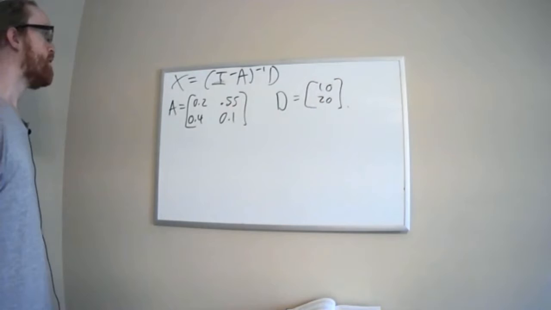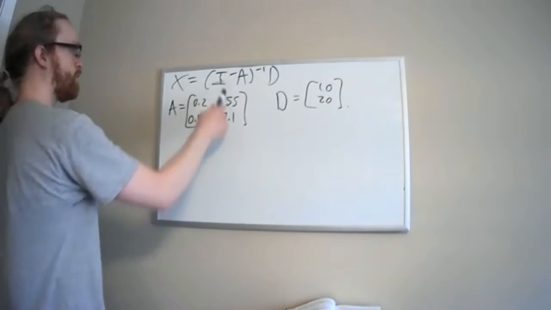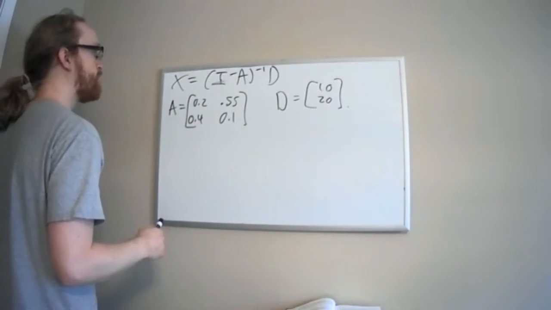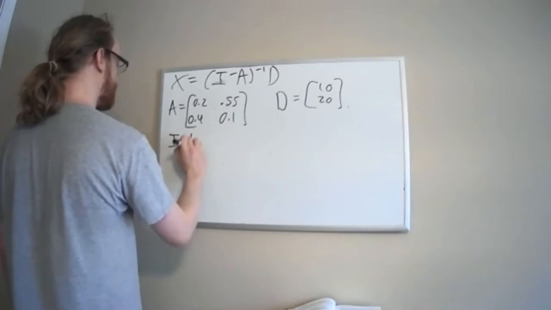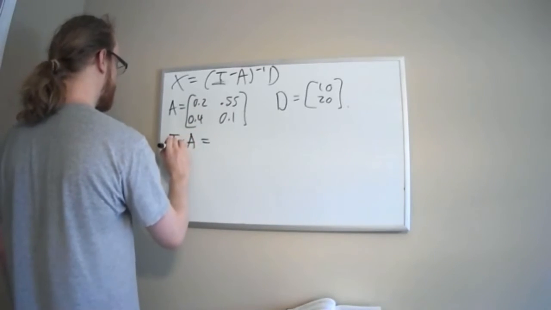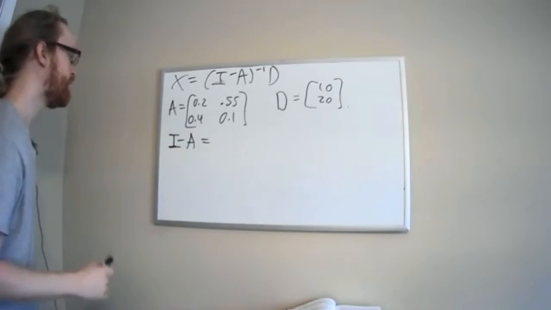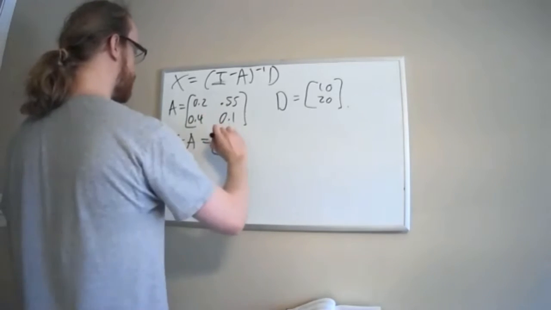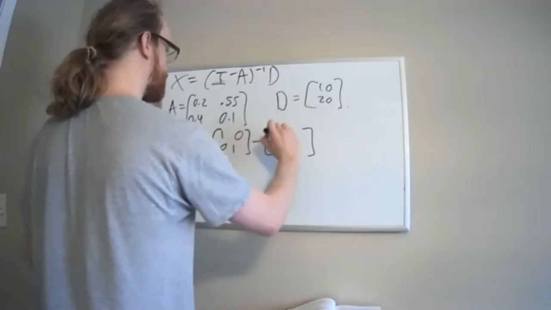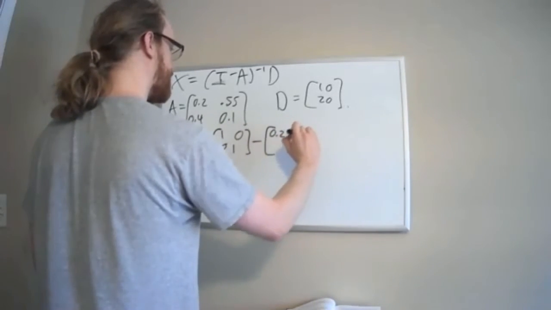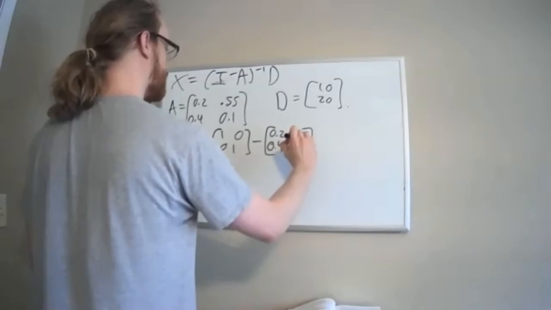Okay. The first thing I want to do is simplify this. I might want to find I minus A first. We could break this down into steps. First step, find I minus A. So I minus A is 1, 0, 0, 1, which is I, minus this A matrix, 0.2, 0.55, 0.4, 0.1.